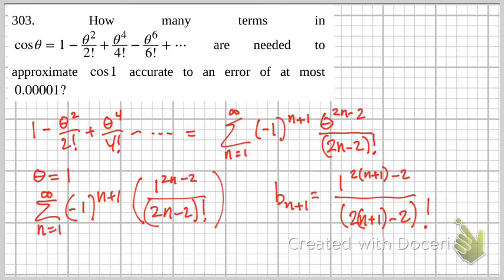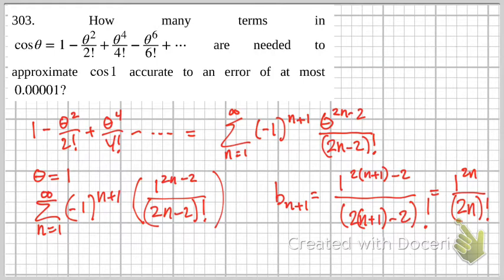And when we simplify that, I'm going to end up getting a 1 to the 2n over 2n factorial. Let me keep the same variables here. So that's actually what we end up with for our bn.